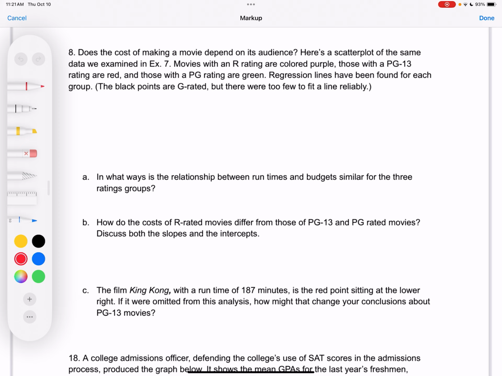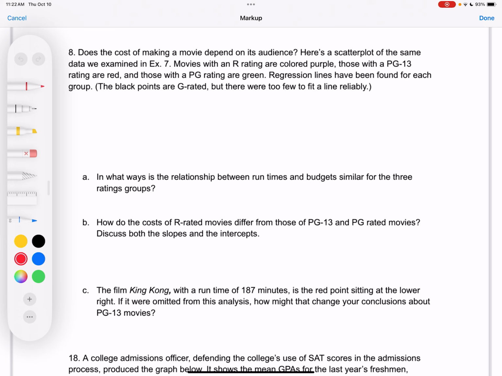So, we've got that scatter plot there labeled for you on page 215. In what ways is the relationship between runtimes and budget similar for those 3 rating groups? As the runtime, or the longer the movie, the bigger the budget tends to be. Yep.